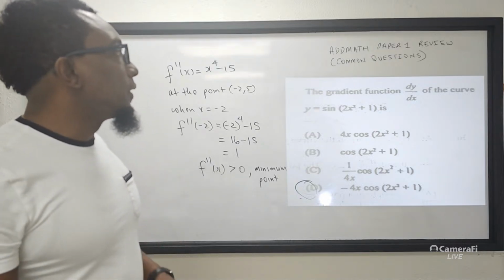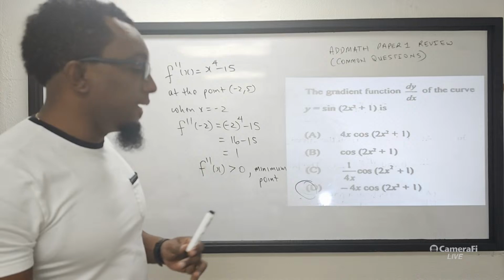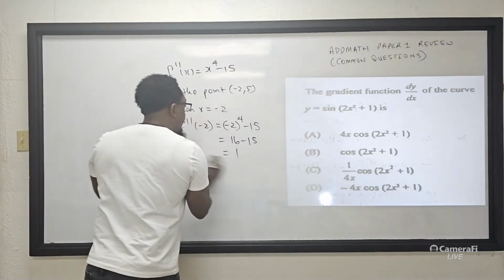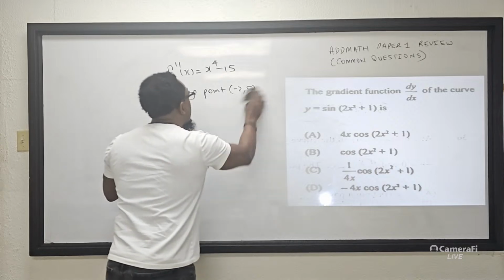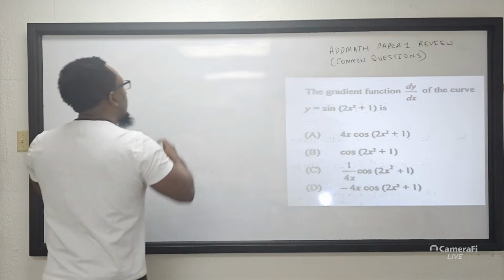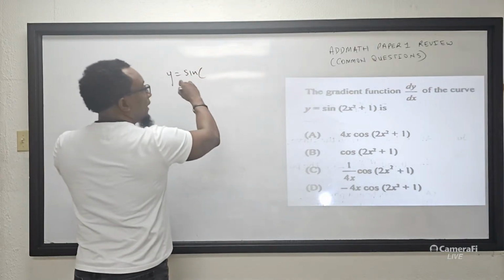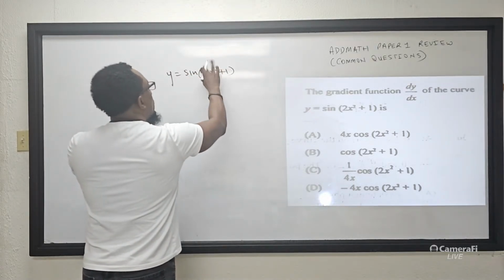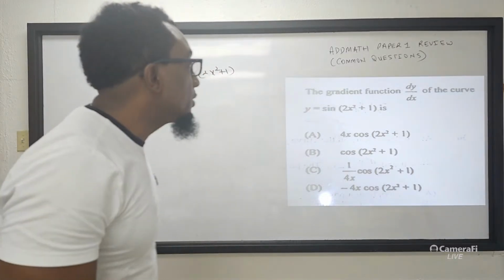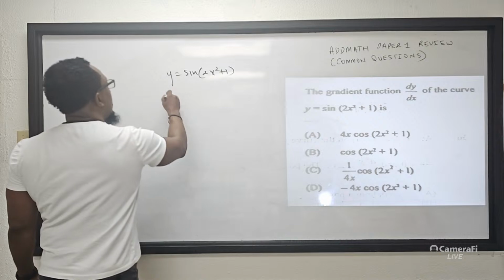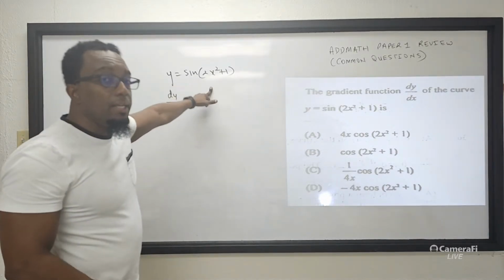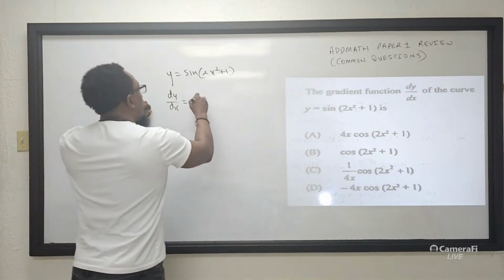Right. So the gradient function of the curve, so what is to find the gradient of that function? Again, we have to differentiate. So we have y is equal to sine into 2x squared plus 1. So you want to differentiate that. Let's make sure you can differentiate that function. So dy over dx will be what? The differential of sine the angle is cos the angle.